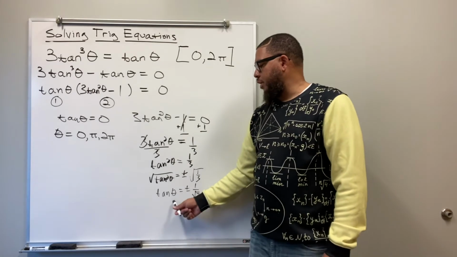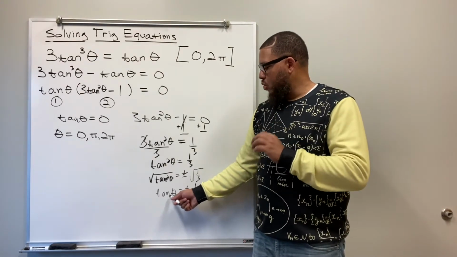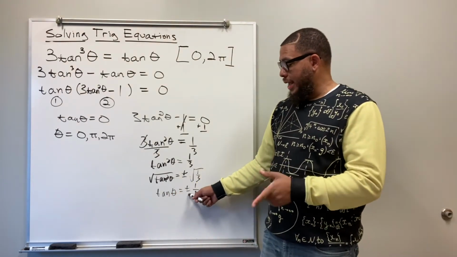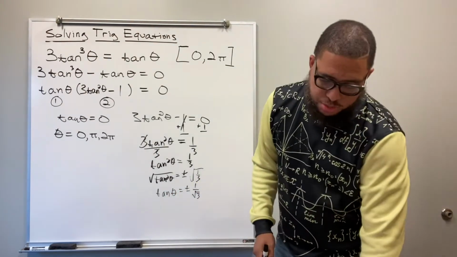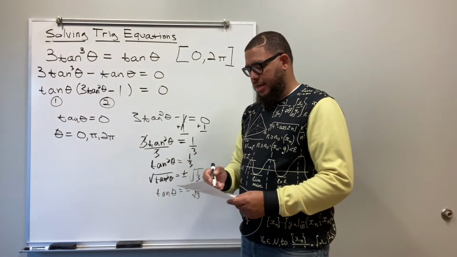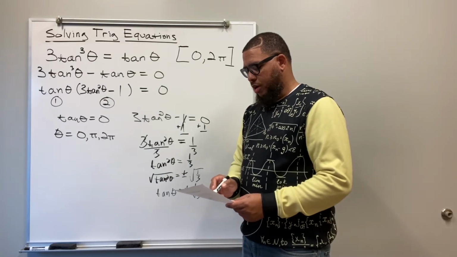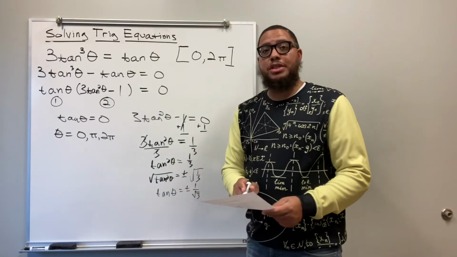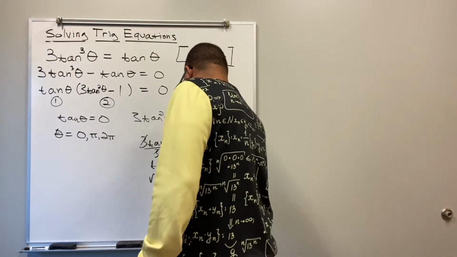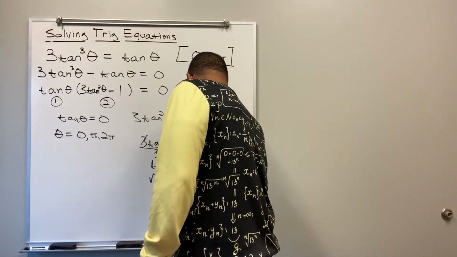So now I'm looking for the angle, because theta represents the angle. The angle that has the tangent of 1 over the square root of 3 or -1 over the square root of 3. So I'm going back to my trig table, and I'm looking at the tangent row, and I find 1 over the square root of 3, which is pi over 6, or 30 degrees, right? So my theta is pi over 6.